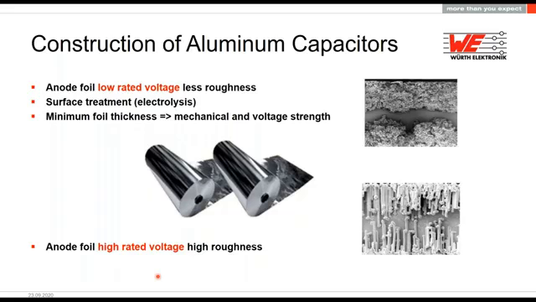The treatment is done by electrolysis, and depending on what kind of roughness you made, it really has an effect on the voltage strength and also mechanical strength, and it could look like this in the right corner here or like this. This is what we have to define in production when we define a certain capacitor.